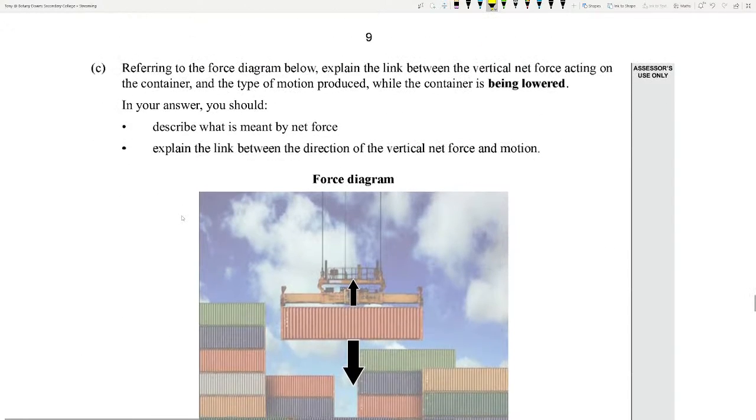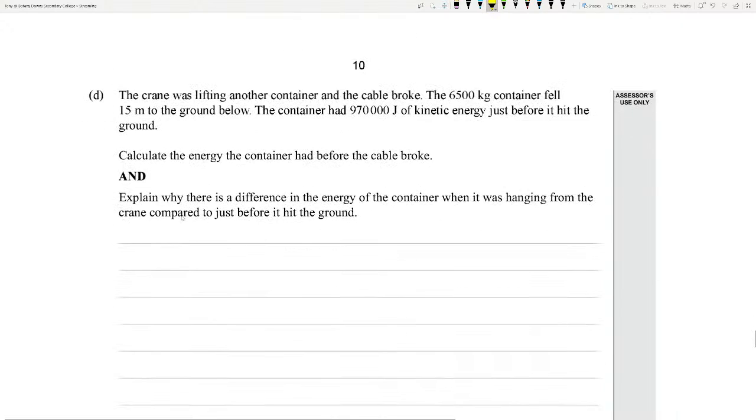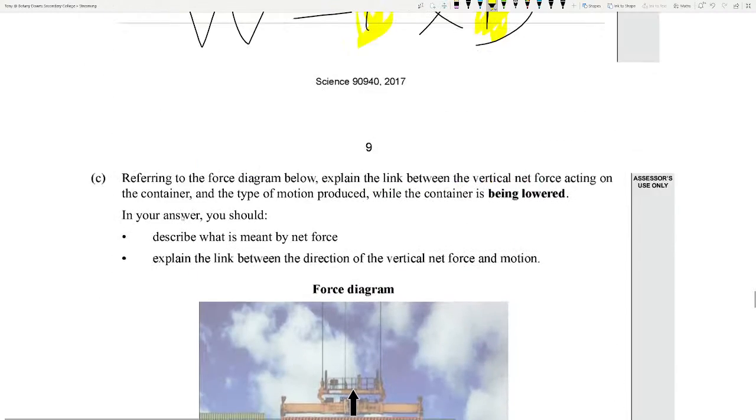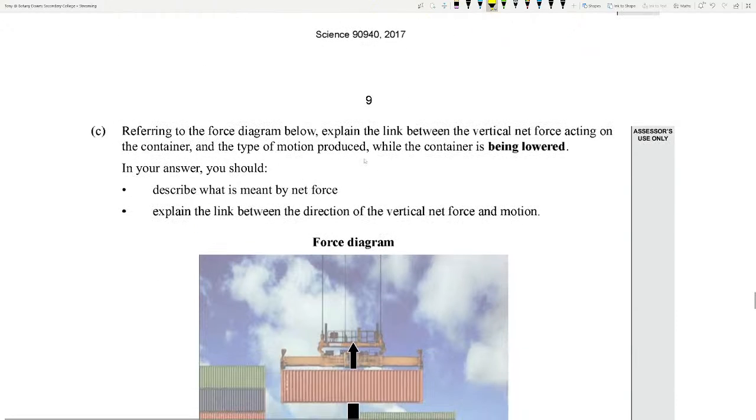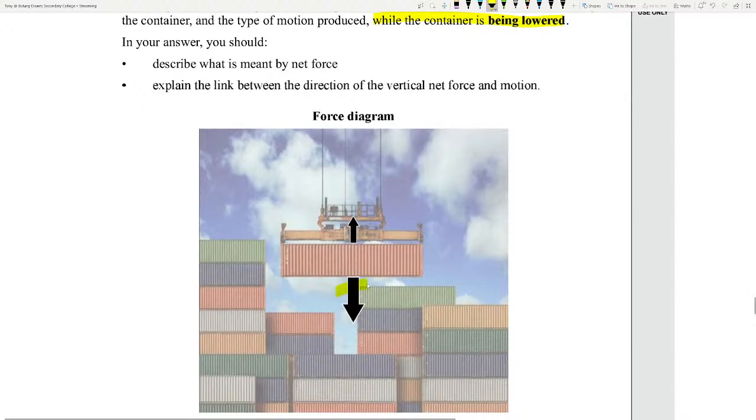All right, so they give you nice, beautiful force diagrams here. So that's the last question, not yet. Refer to the diagram, explain the link between the vertical force. The container is being lowered. Look, they draw the diagram for you. So in this case, you need to understand net force. Net force is a combination of the forces acting on the object. The downward force is weight.